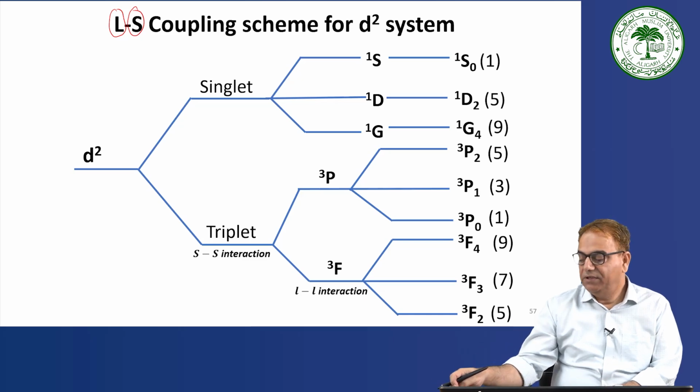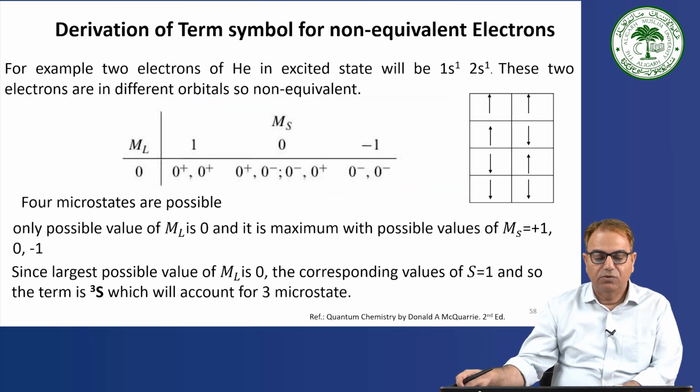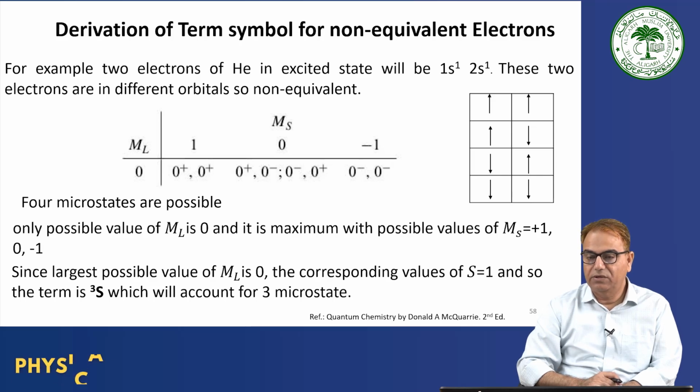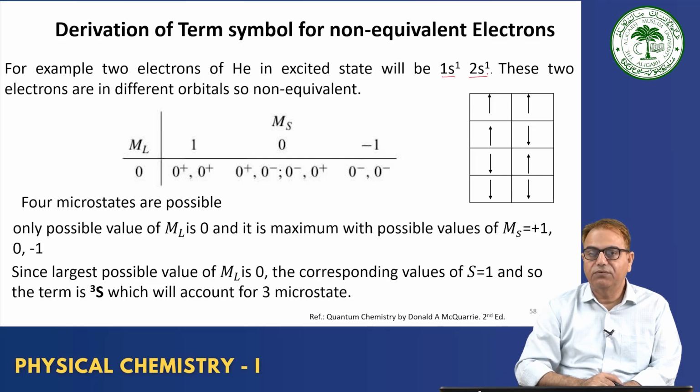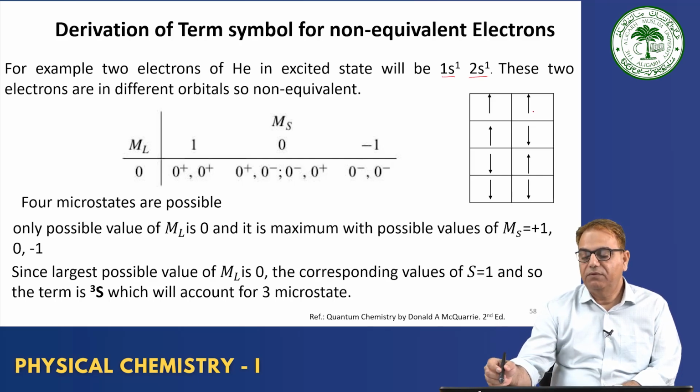Now, I'm sorry, it's going to be a little longer, but don't worry. Just for non-equivalent electrons, I have given you a very small example here. Again, this is given in the quantum chemistry book by Donald McQuarrie. If you have 1s1 and 2s1, the only possible microstates are these 4 microstates: 2s spin up, 1s spin up and down, and then 2s spin down.